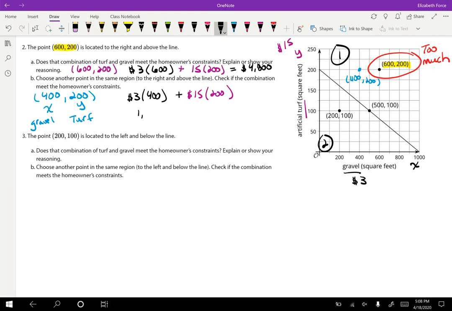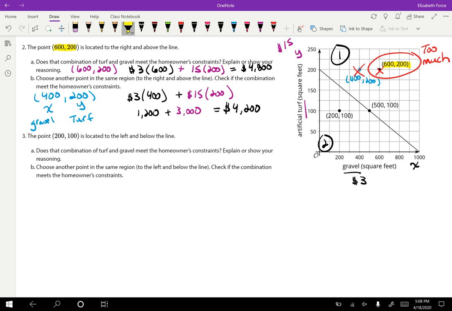That's going to be $1,200, and this is going to be $3,000. When we add those together, we definitely went over $3,000. So that is also not a good point. That's not going to meet the homeowner's constraint.